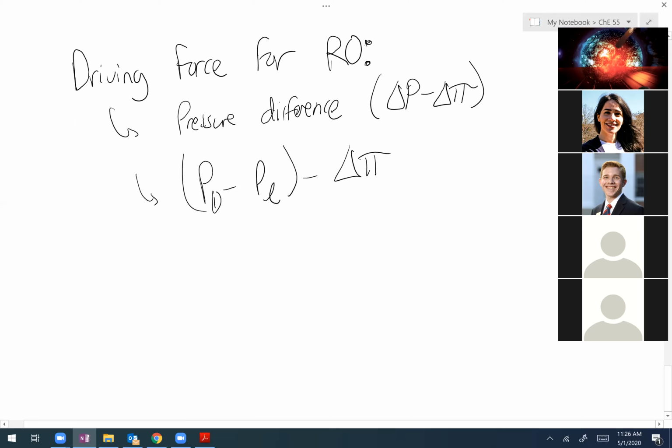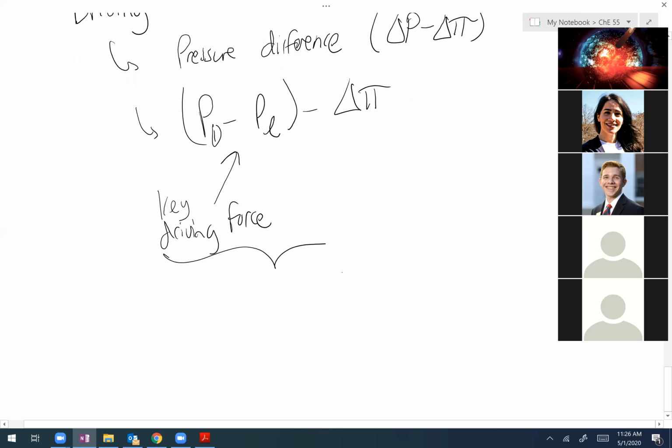Sometimes we can look at the pressure as the key driving force, and then the total can be the net driving force. But you can argue that they're both kind of the driving force. Correcting for the osmotic pressure is going to be more accurate, though. I'll try to be more specific on the final if I put one of these problems in.